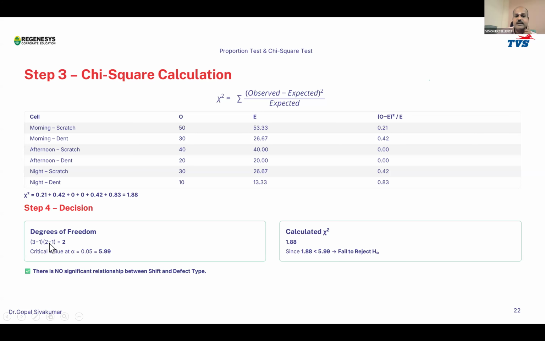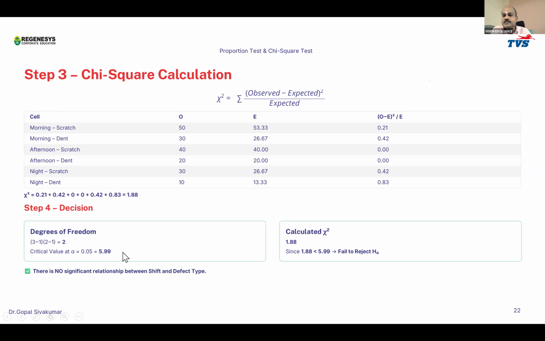So the formula for degree of freedom is row minus 1 into column minus 1, that is 3 minus 1 into 2 minus 1. Do you understand? So the degree of freedom is 2. The chi-square value is 1.88. From the standard table, for a degree of freedom of 2, the chi-square value of 5.99 is found. But our chi-square is lower than the critical value.